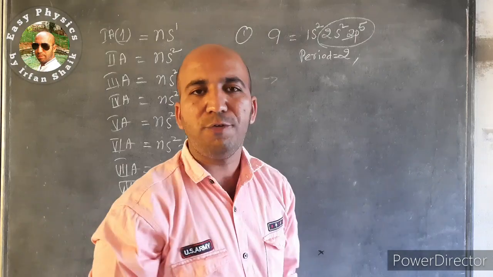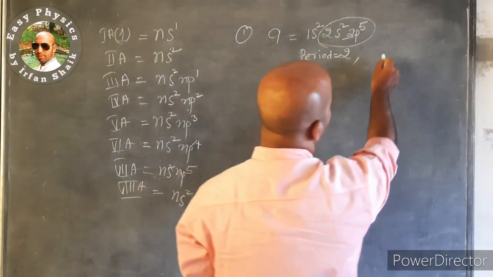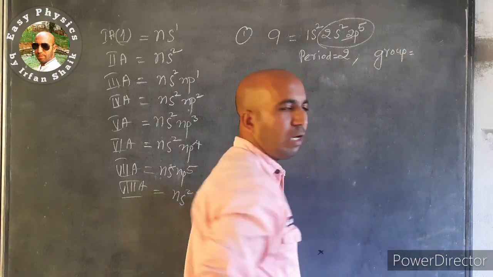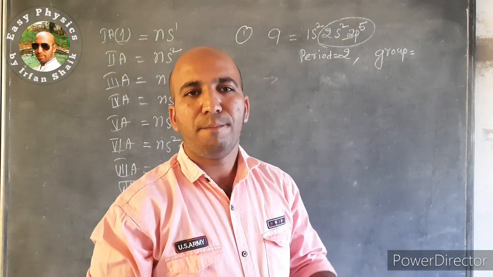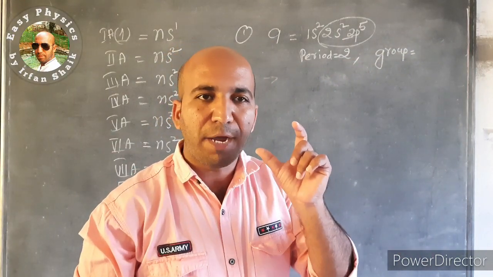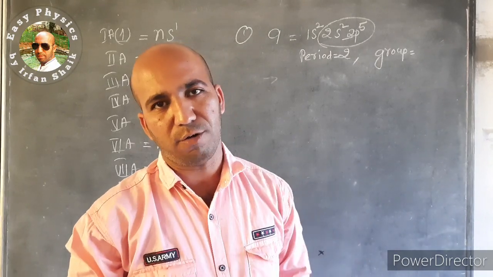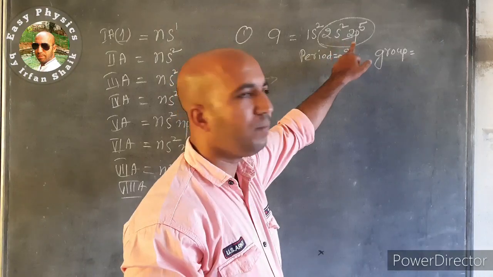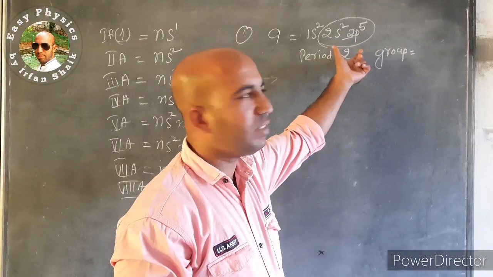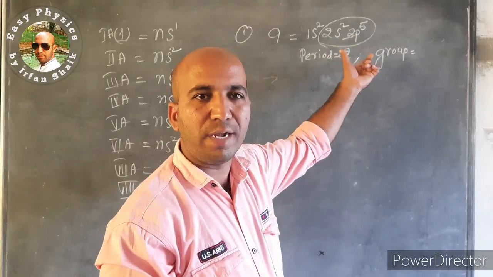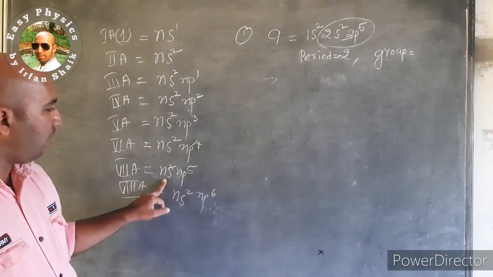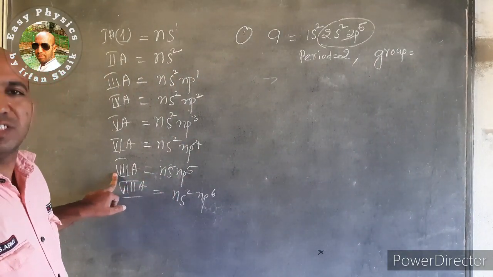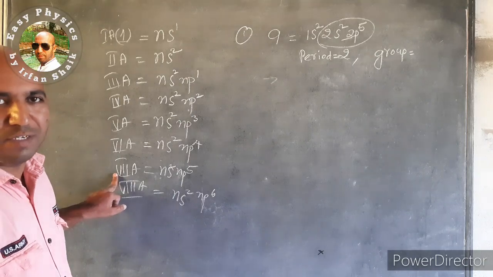Now let us find out the group number. How to find the group number? By knowing its valence electronic configuration. Here the valence electronic configuration is 2s2 2p5. It looks like ns2 np5, that is, it is present in the 7A group or 17th group.